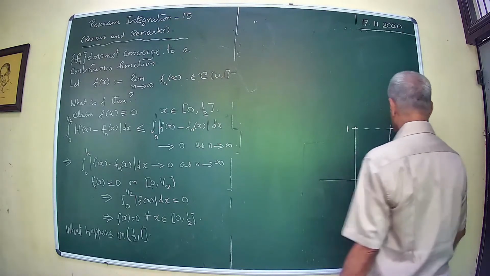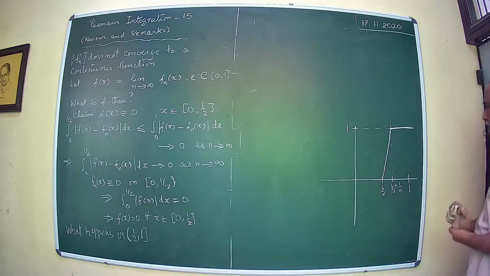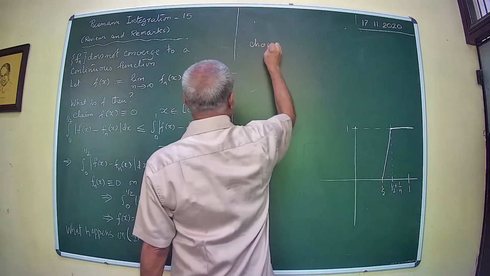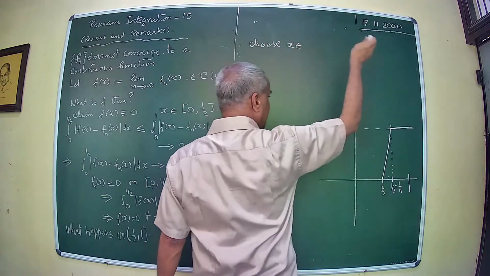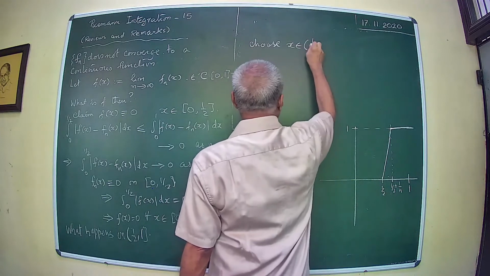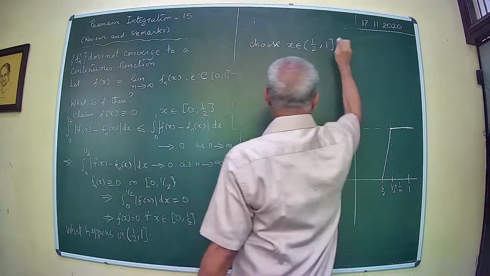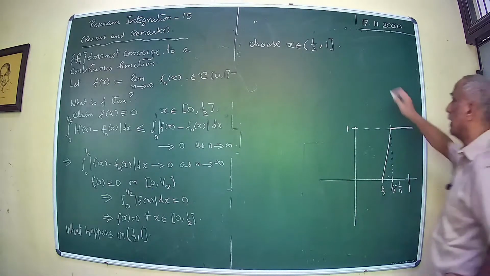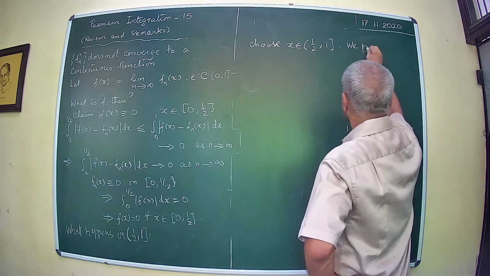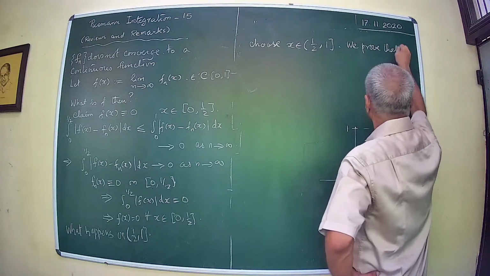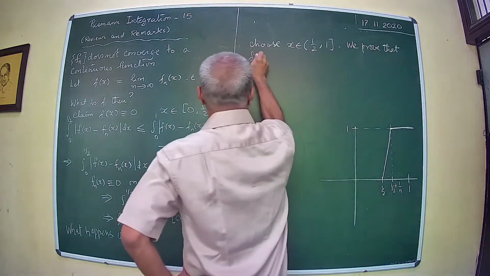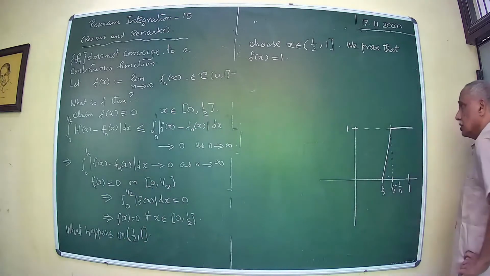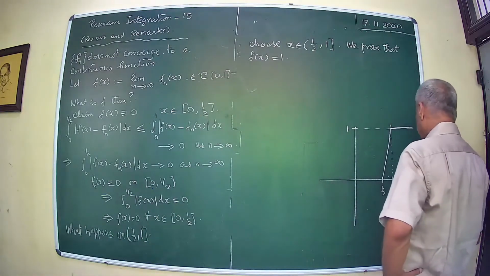It's your Fn. Now what you do is choose any x. Okay. Now we prove that f of x is equal to something. So for that, now you see that you are choosing an x.